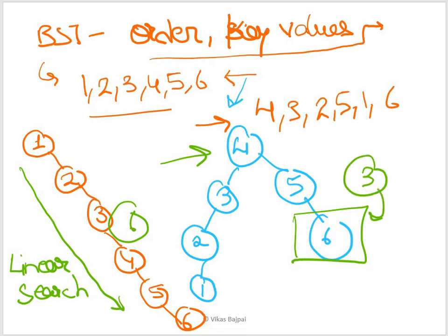So just see the difference in the working of these two binary search trees, just because of the virtue of the order and the key values, right?